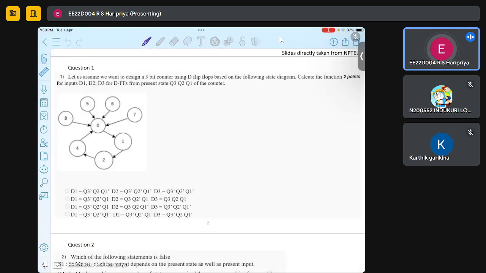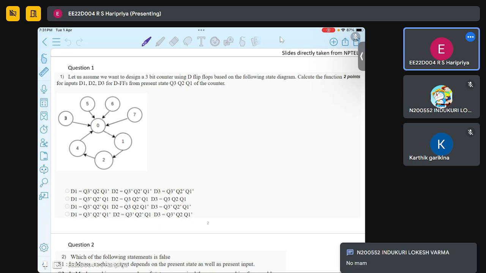Let us assume we want to design a 3-bit counter. Any doubts till there? So now let's solve this question.